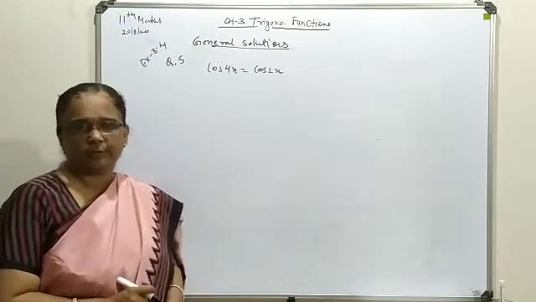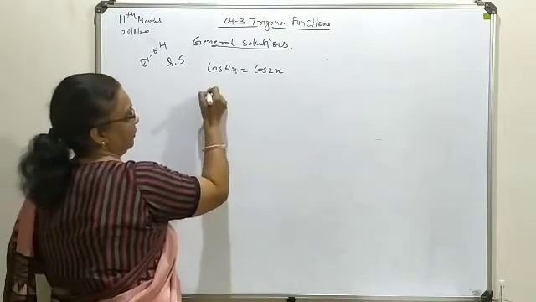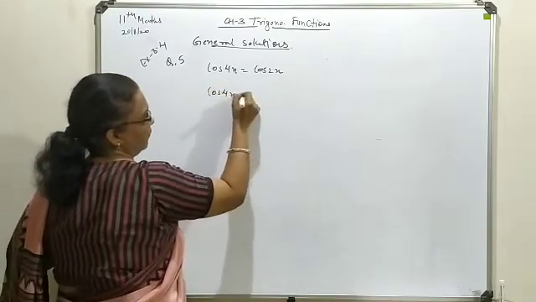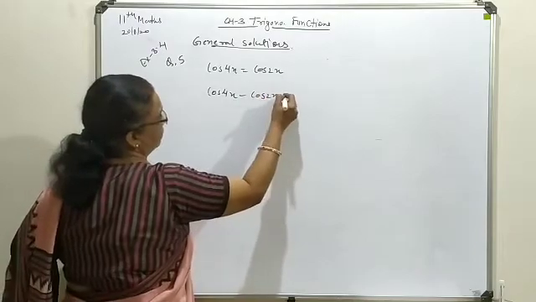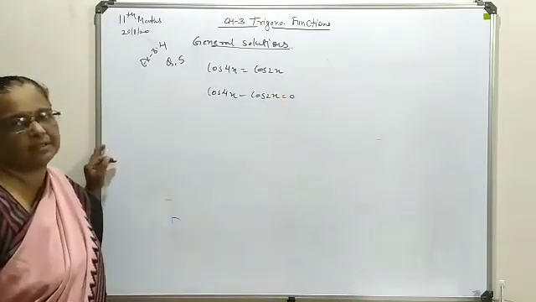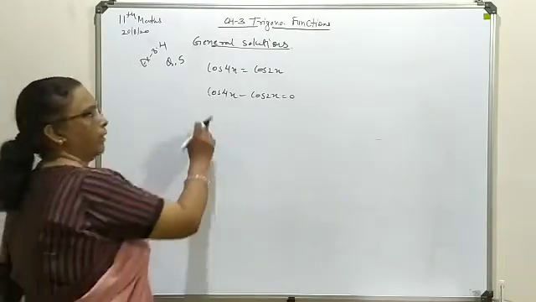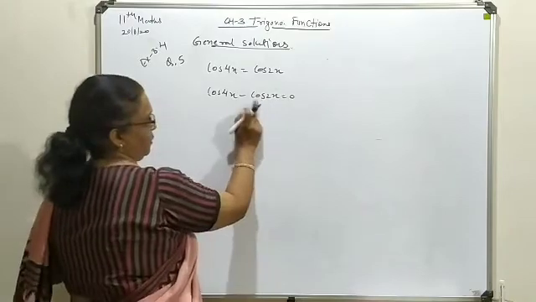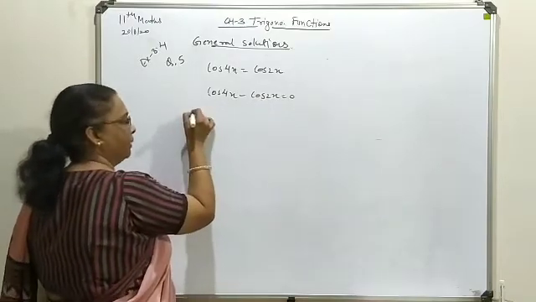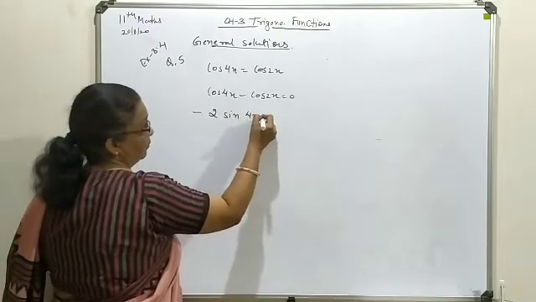This is not the way of writing. So first of all, this cos 2x you shift towards this side. Here we know the formula sin x minus sin y, which is available in form of sin. So that you will implement over here, cos minus cos. So it will give you the sin formula, that will be minus 2 sin of the sum of these two.